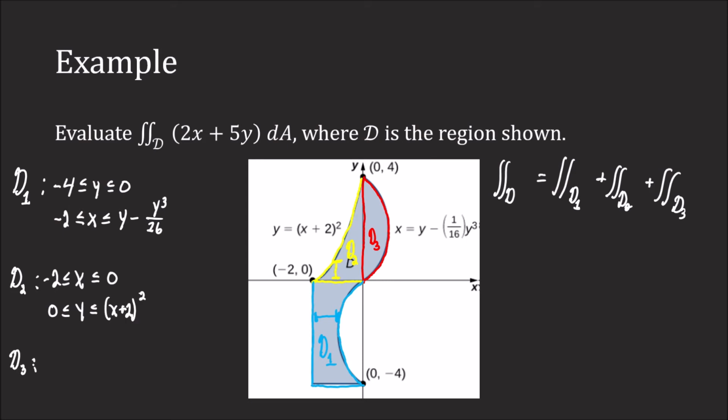And D3 can be expressed as horizontally simple. So y will go from 0 to 4, and x we can see will range from 0 to, again, this curve.